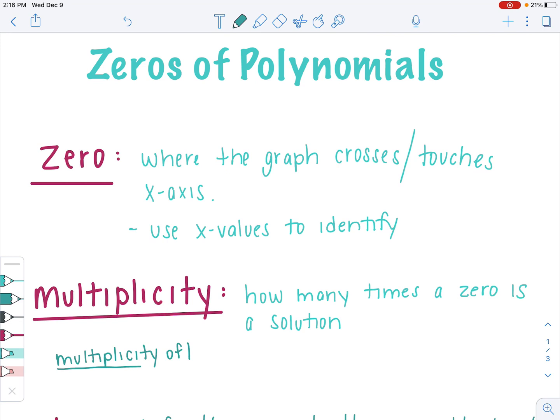A multiplicity of 1 just means that my graph is going to cross right through the x-axis. So my zero is going to look something like this.